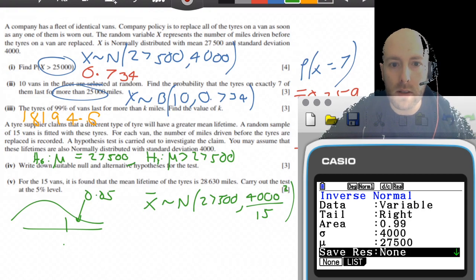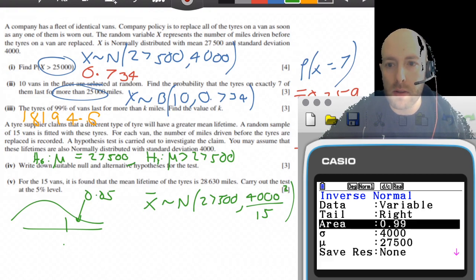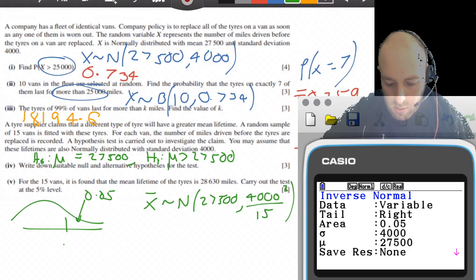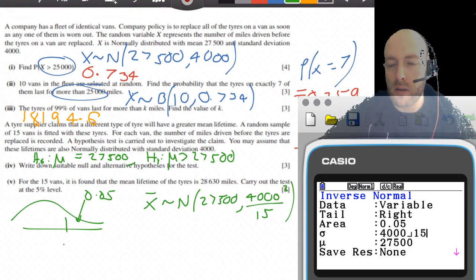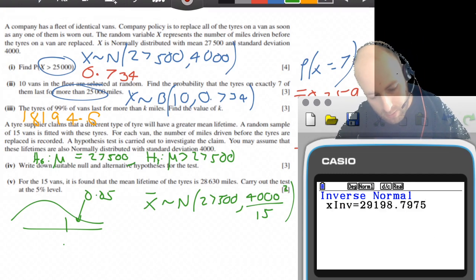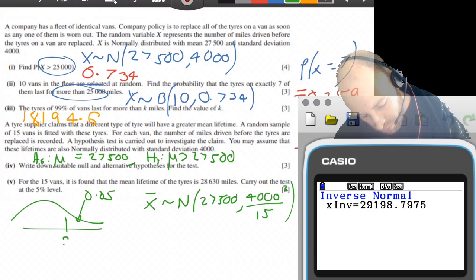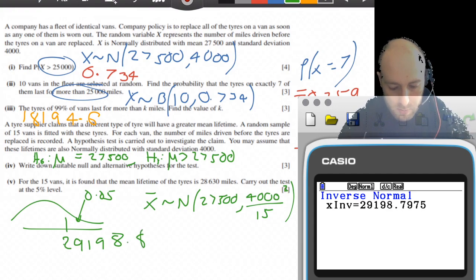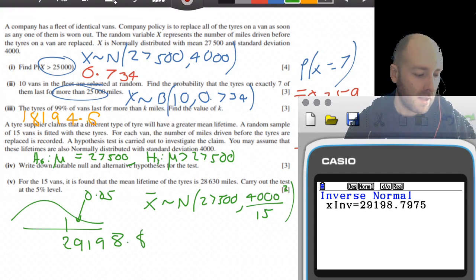We've got tail to the right, 0.05, sigma 4000 over root 15. There we go, 29198.8. Okay, so our tires were 28630.